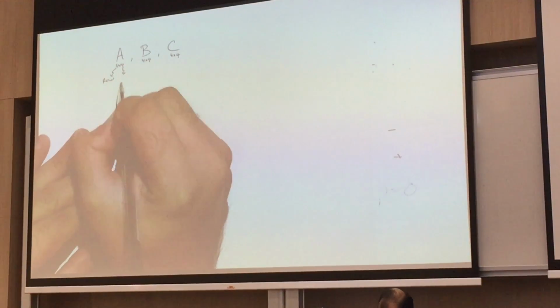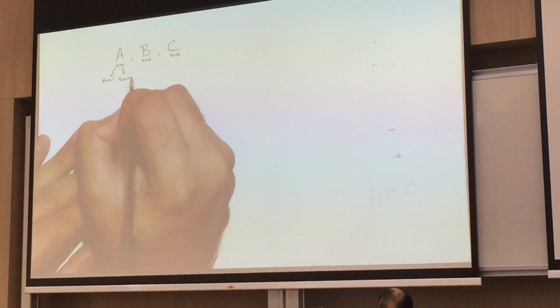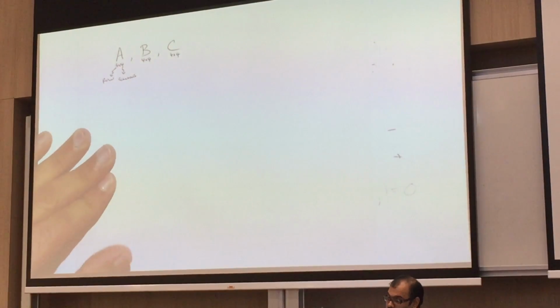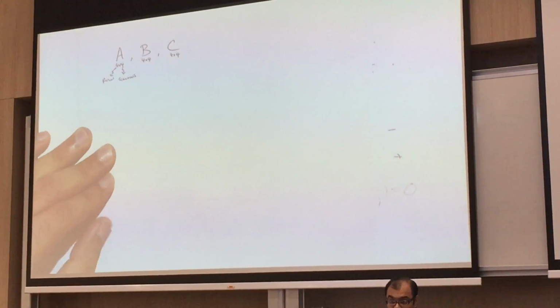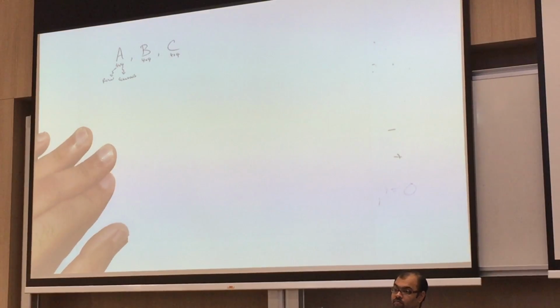This represents the number of rows, and this represents the number of columns. Standard, they will not mix the column and row. It's always row times column.